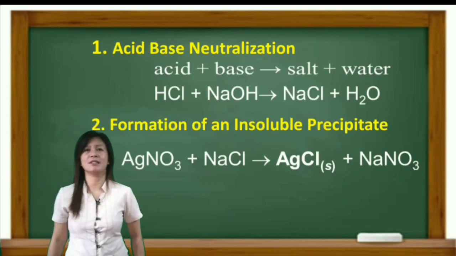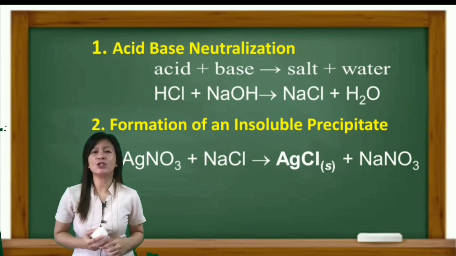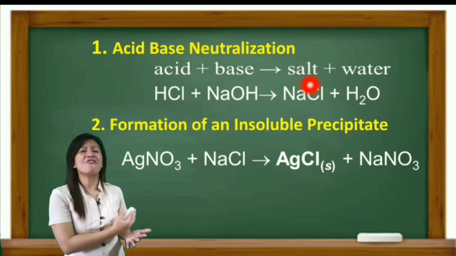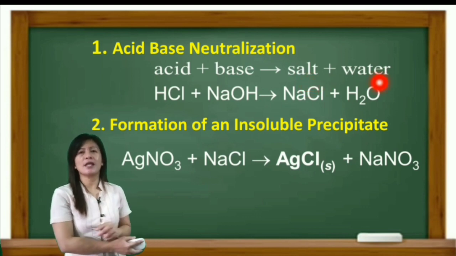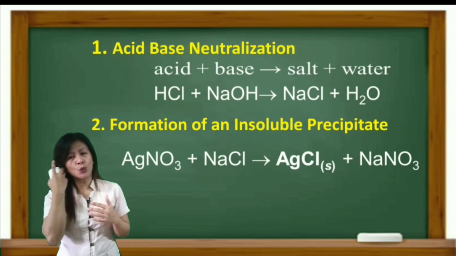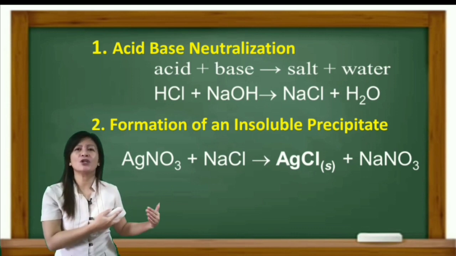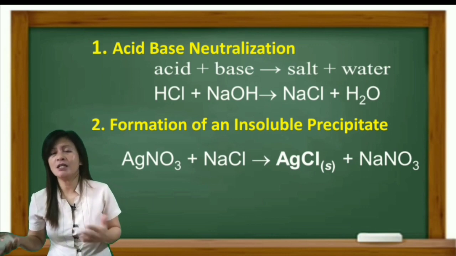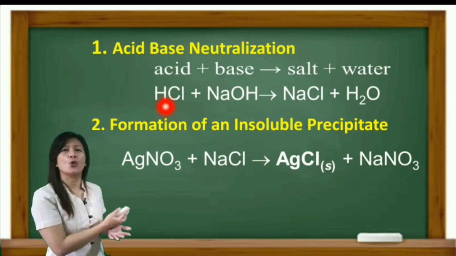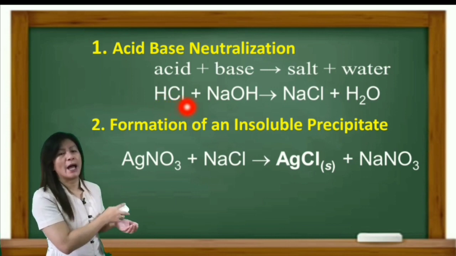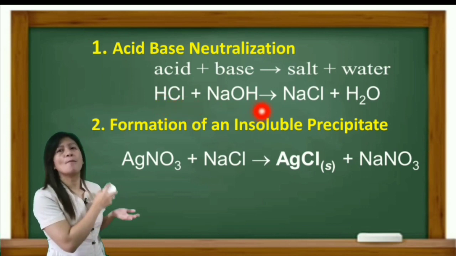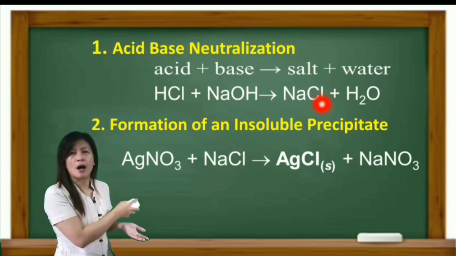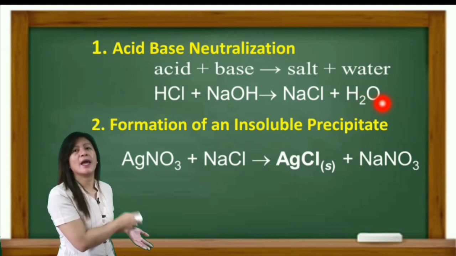Let's have some examples. Example number 1, acid-base neutralization. When an acid reacts with a base, they form two products, salt and water. If we are to use the general equation, what are our A, B, C, D, AD, CB compounds? We have here hydrogen chloride as the acid combines with sodium hydroxide, which is the base, to form sodium chloride, which is the salt, and water.